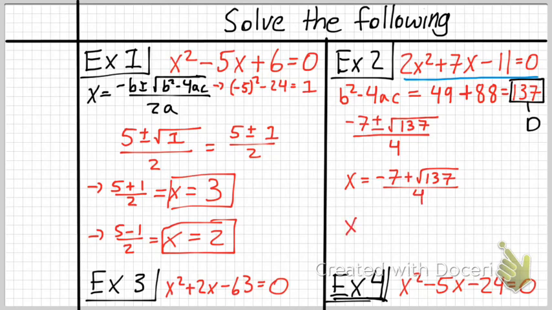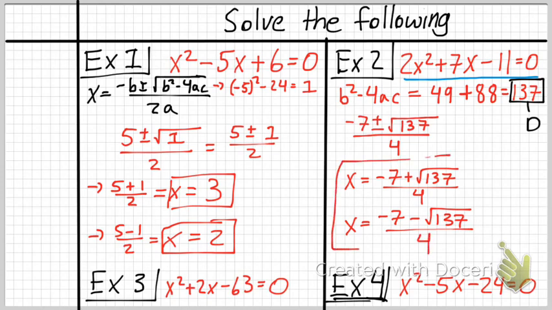And we're going to get x is equal to negative 7 minus the square root of 137 divided by 4. So those will be my two answers in the case that I have irrational roots. I won't have to reduce it nearly as far.